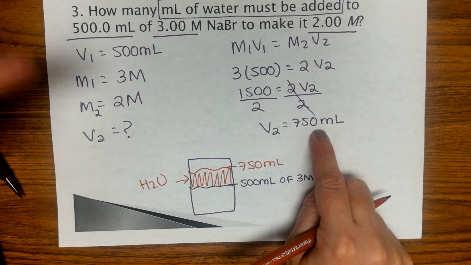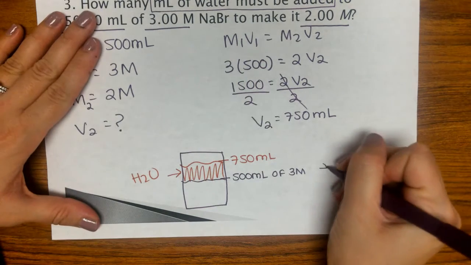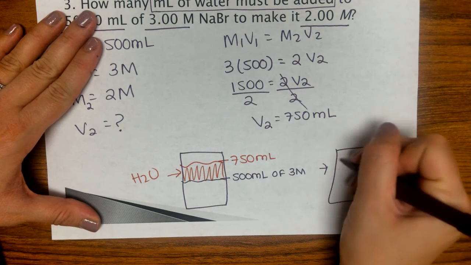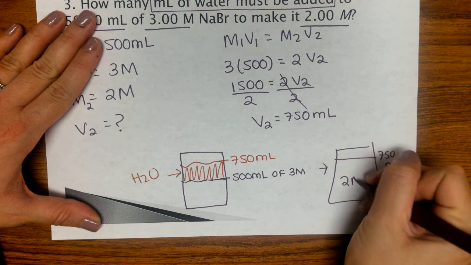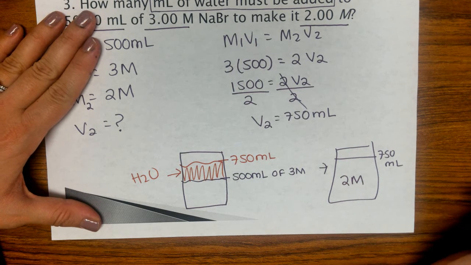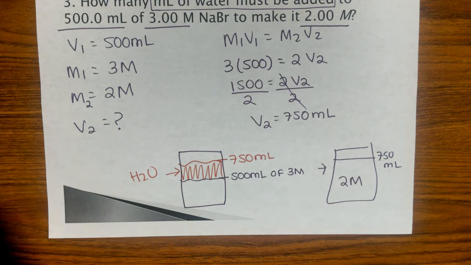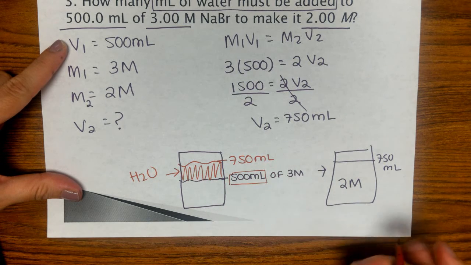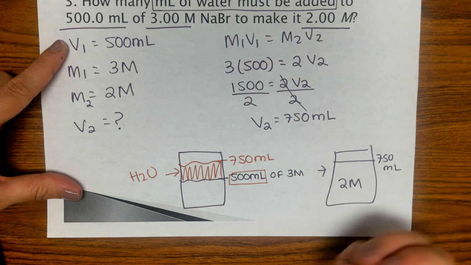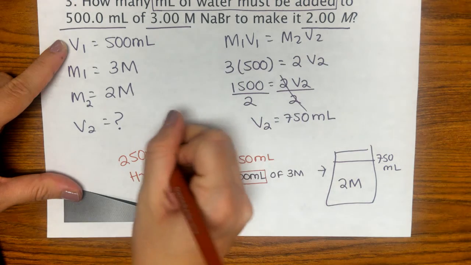And then you stir it all together, mix it up, and now you have 750 milliliters of a 2 molar solution. But how much water did I add then? Well, my original volume was 500, and I add water until it gets to 750. Well, I added 250 milliliters of water then.